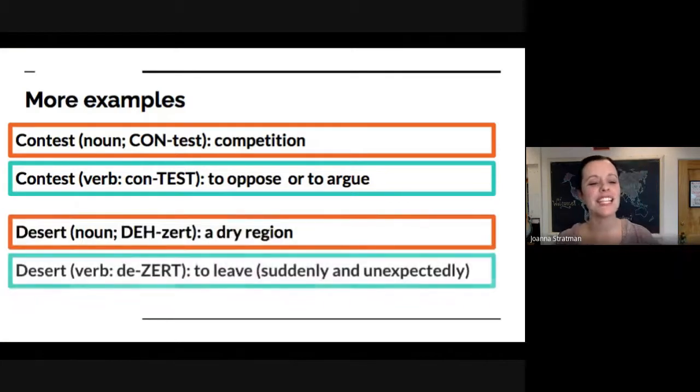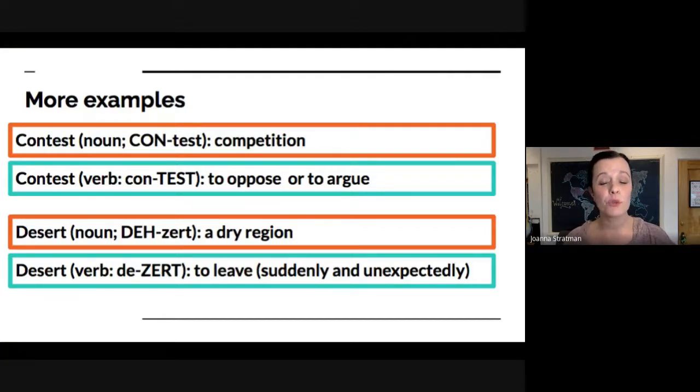Next, we have these two words. The first one is the noun desert. A desert is a dry region, a dry area in a country. Like in Africa, we have the Sahara Desert. Next, we have the verb desert. Desert means to leave suddenly and unexpectedly.